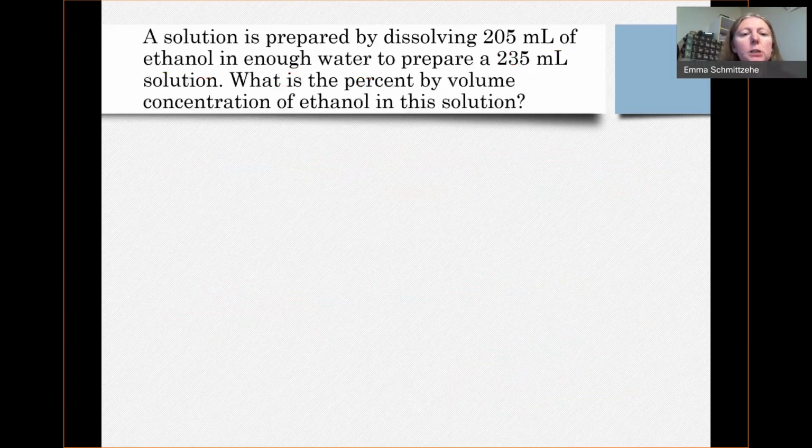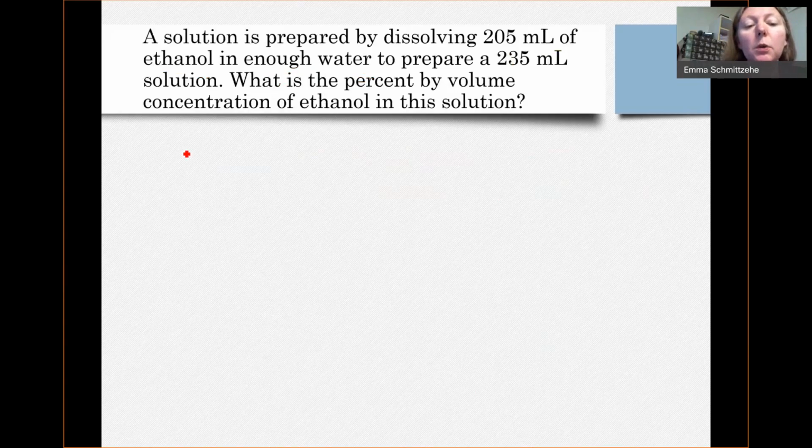Okay, next one. We've got a solution prepared by dissolving 205 milliliters of ethanol in enough water to prepare 235 milliliters of solution. And I want to know what is the percent by volume concentration of ethanol in the solution.